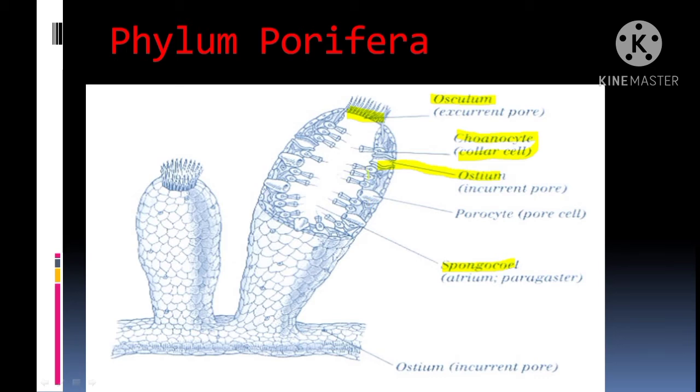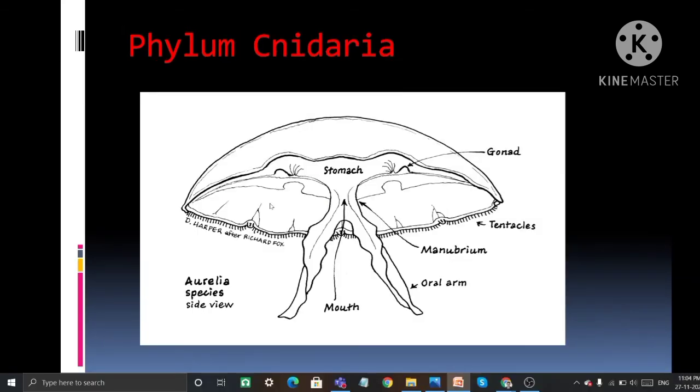Many pores are located in the body of the organisms, and the larger cavity inside the body is known as the spongocoel. So this is the basic structure of members of Porifera.